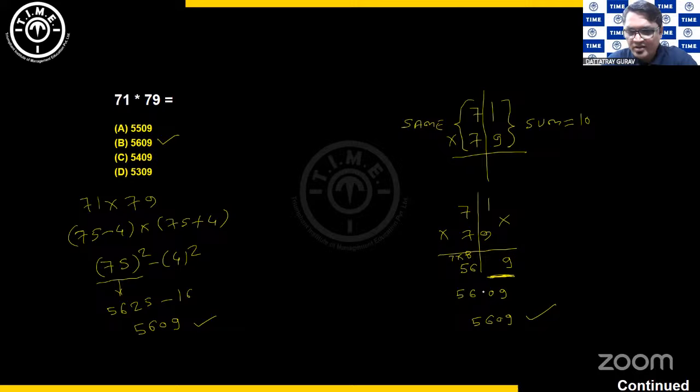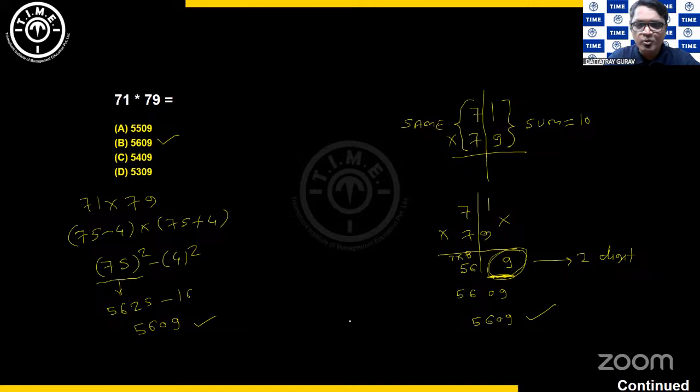Now, instead of 9, write 09. This second part must contain a two-digit number. If not, do the correction, do the adjustment. Other than 1 and 9, it automatically becomes a two-digit number. But only in the case of 1 and 9, we get a single digit 9. So instead of 9, write 09. That will be better. So the answer becomes 5609.